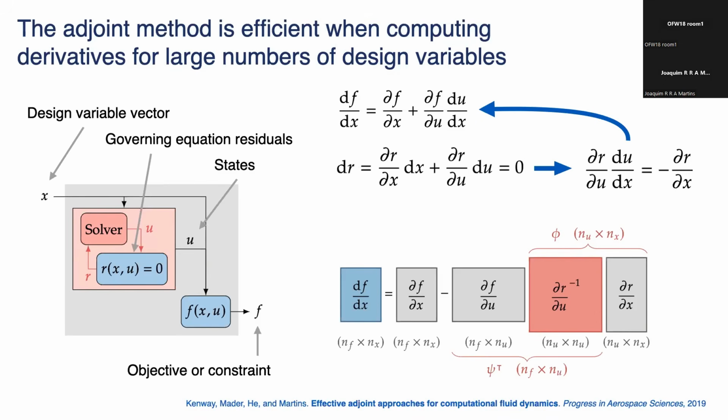You need to transpose everything. If you do that, you get the adjoint method. And if you do that, the cost is proportional to the number of functions, but independent of the number of design variables, x. Okay, the direct method I explained before, the cost is still proportional to the number of x's. Okay, the adjoint is independent of the number of x's.